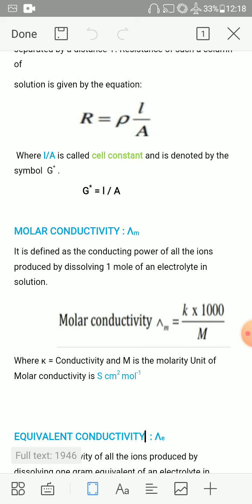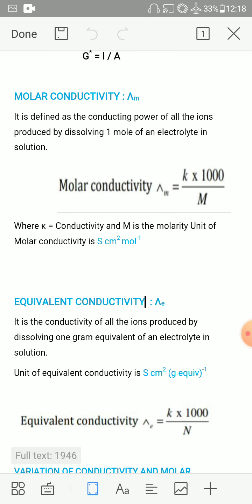Mathematically, you can calculate molar conductivity using the formula lambda m is equal to 1000 kappa by m, where kappa is the conductivity, and m is the molarity of the solution.